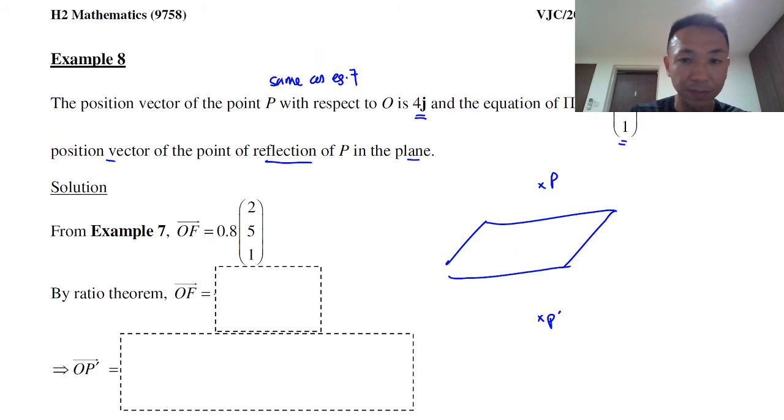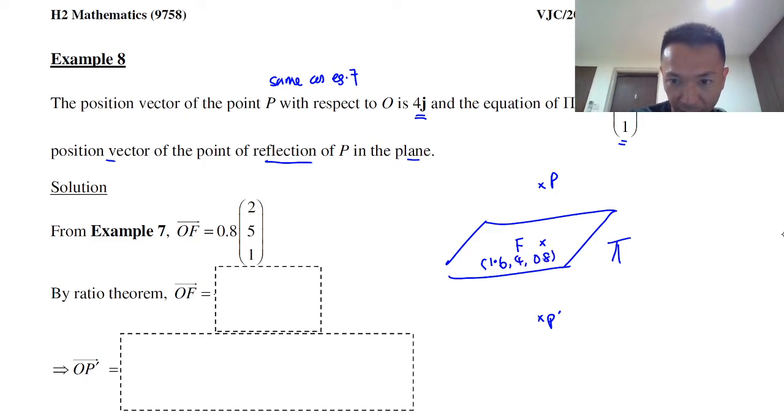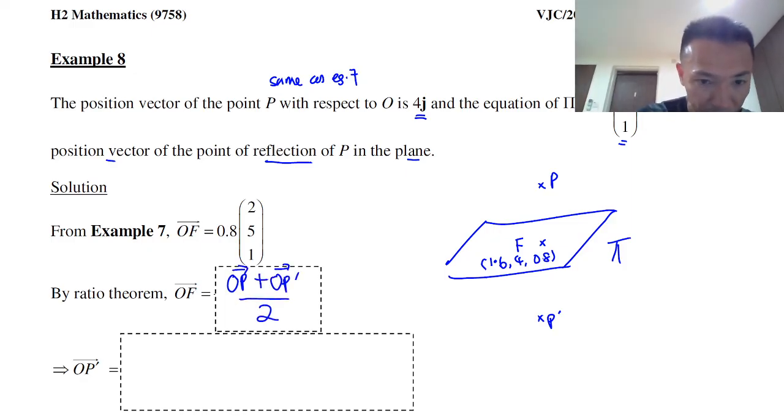Alright, here's P prime. I have found earlier what F, the foot of the perpendicular, is because it was the same equation. This is pi. From the equation, F is (1.6, 4, 0.8). So by the ratio theorem, F is the midpoint of P and P prime. I will say OF equals OP plus OP prime over 2.